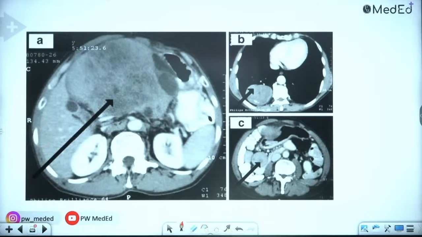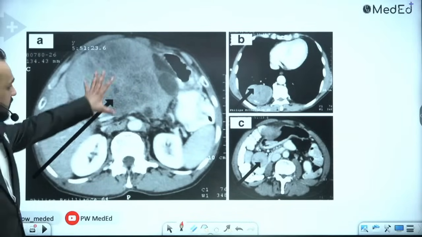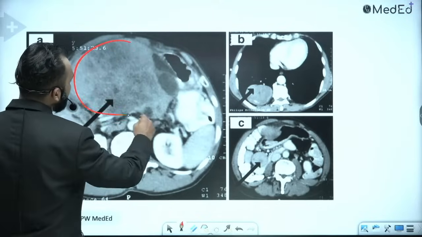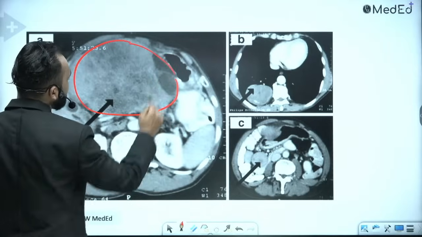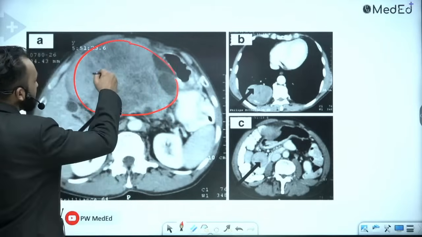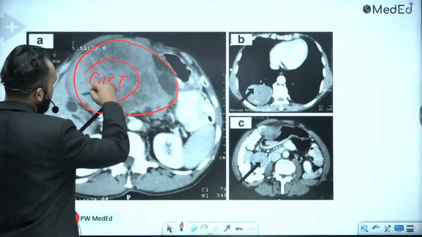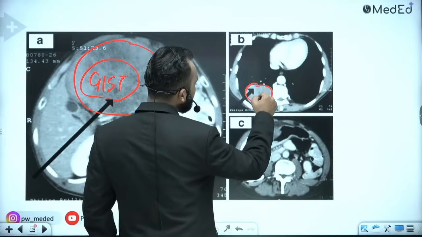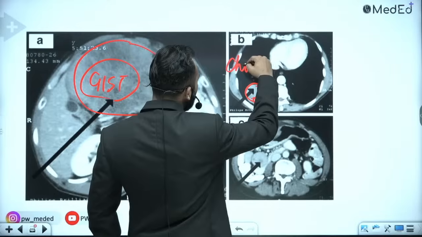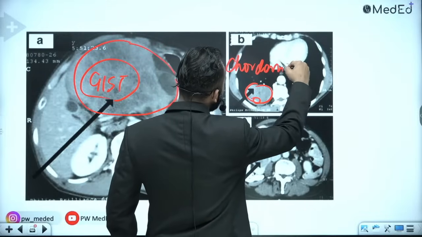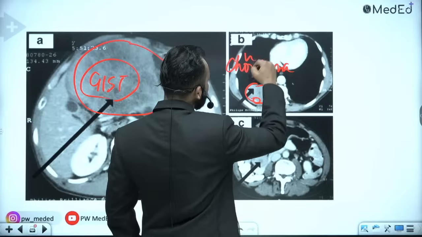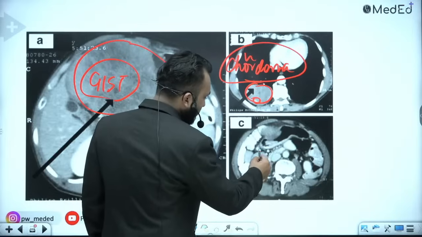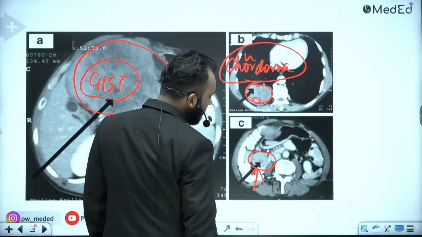So this is one triad we should know. There is one large, heterogeneously enhancing lesion that is arising from the lesser curvature of the stomach. This was your GIST. Within the lung you can see a well defined benign lesion showing focus of calcification. This was your pulmonary chondroma, right? And another lesion was seen in the abdomen, in the paravertebral location.